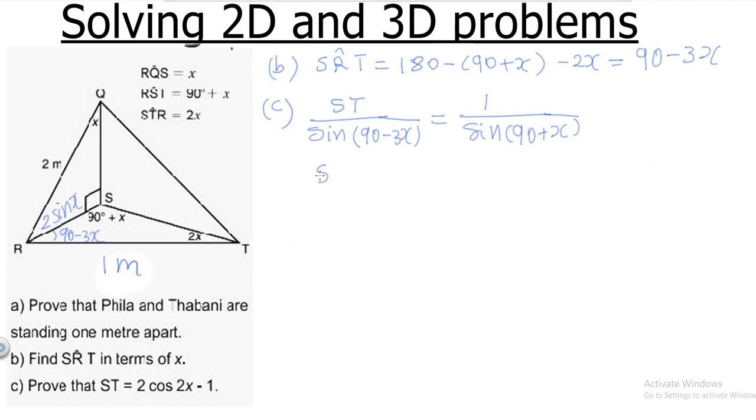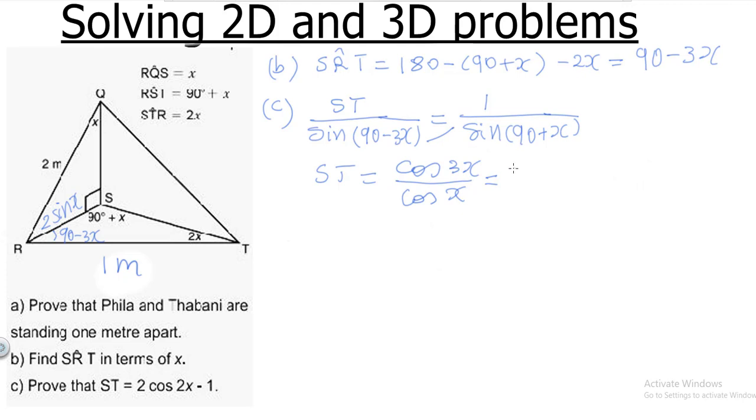Now, ST will be equal to 1 multiplied by sine of 90 minus 3x. Remember, sine 90 minus 3x changes to cos 3x, okay? All divided by sine of 90 plus x, which will also be cos x, because sine over 90 changes to cos, and the cos over 90 changes to sine, because they are co-functions.